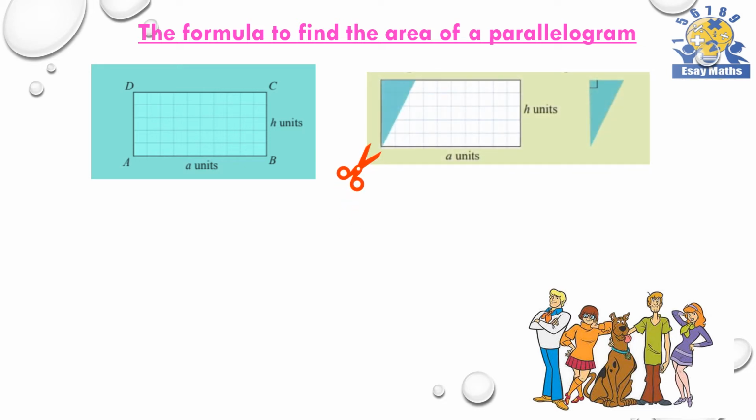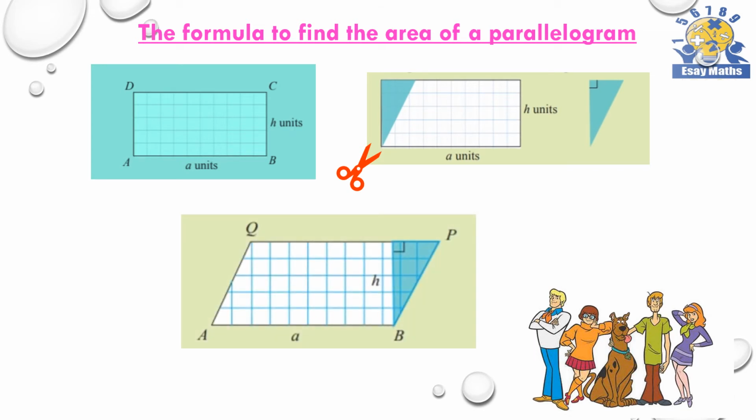You can draw another rectangle with the same measurements and cut off the shaded portion. Now create a parallelogram by pasting the triangular portion and rest of the lamina. Now you have got a parallelogram.